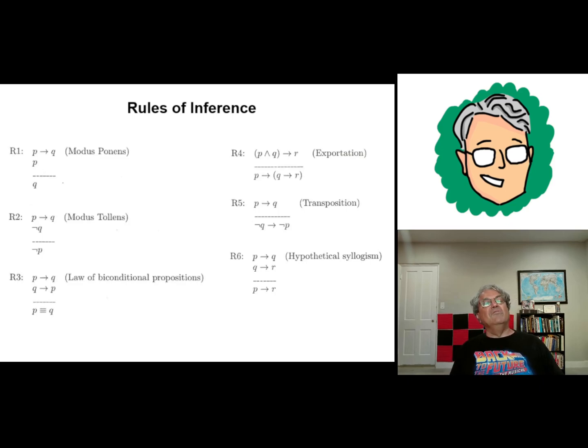All right. Rule 6. This one's called hypothetical syllogism. I don't know why it has that name, but this is just a chain of implications. So if we have two implications, P implies Q and Q implies R, then it follows that P implies R. I think that one's kind of obvious.